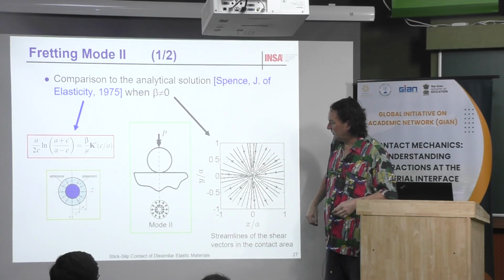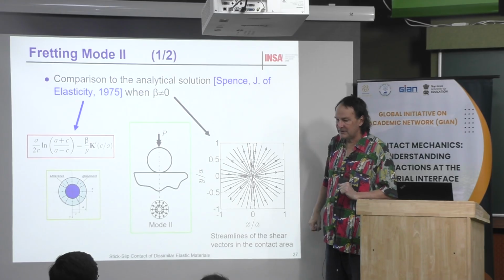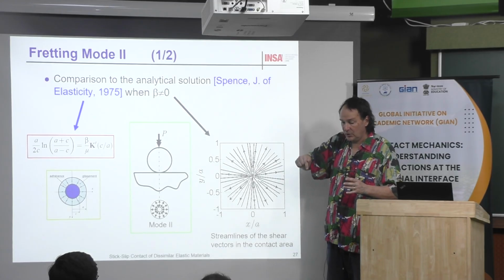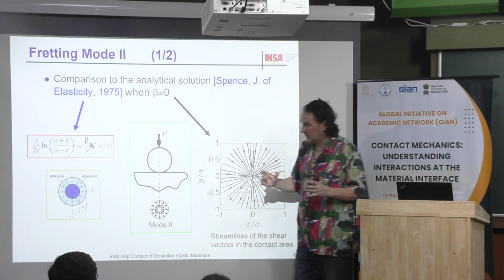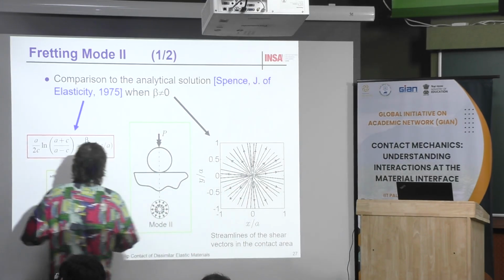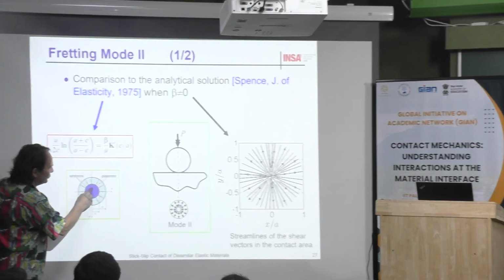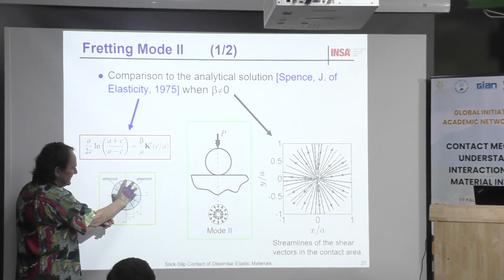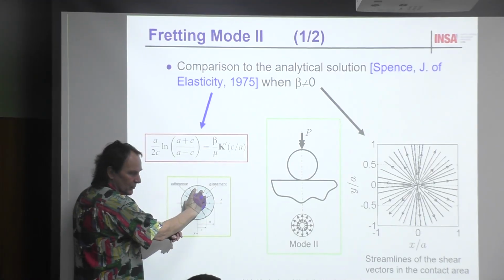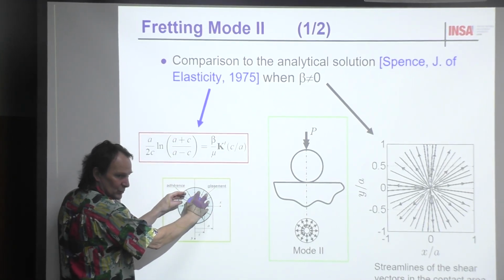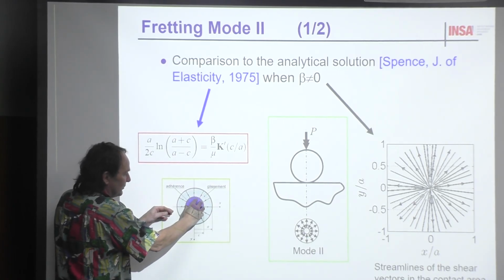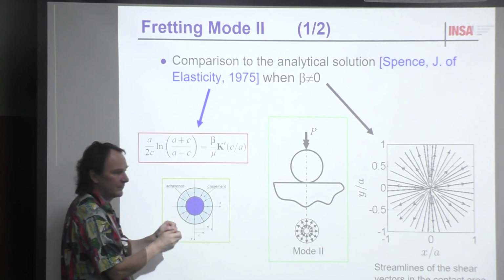Okay? And also something interesting is that at the beginning of the load, all the contact is sticking. I mean that here, at the beginning, the dark blue disk corresponds to the large disk, and it starts to shrink, because at the border it will start to slide. And after a given load, this one will almost disappear. Okay.